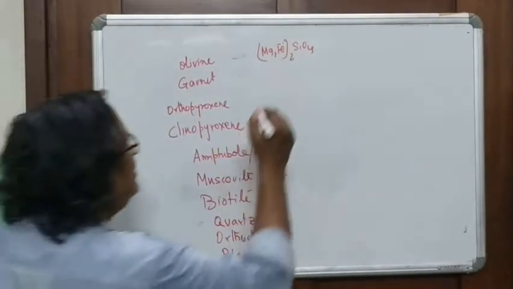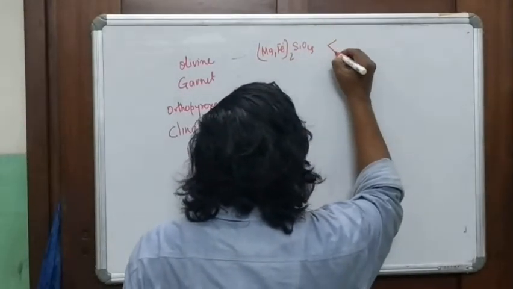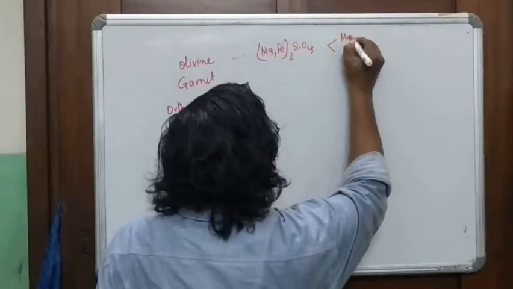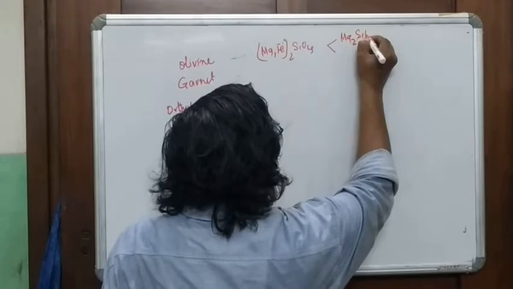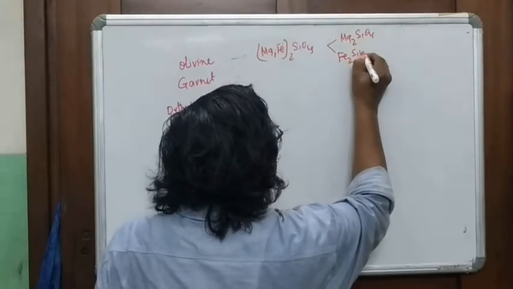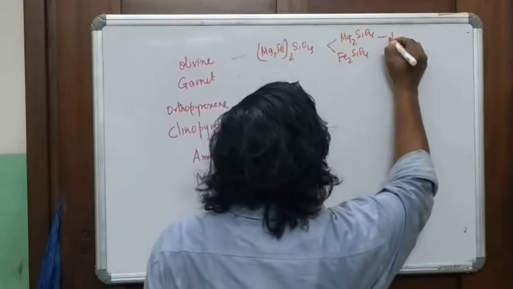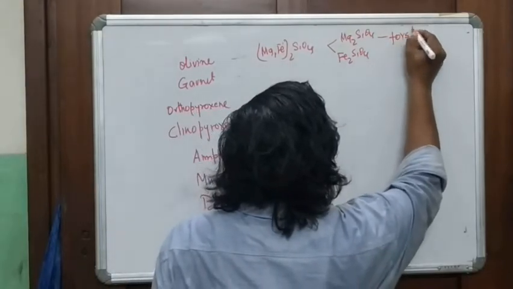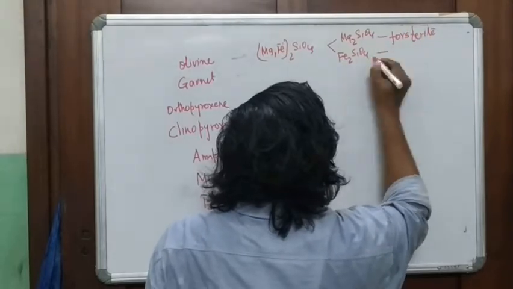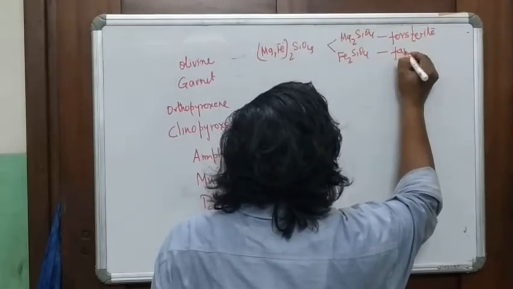So olivine, this formula, is called the mineral phase, and it's formed of what is called Mg2SiO4 and Fe2SiO4. Mg2SiO4 is called forsterite, and Fe2SiO4 is called fayalite.